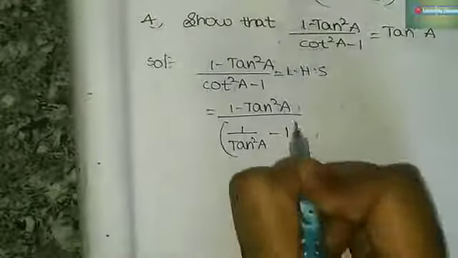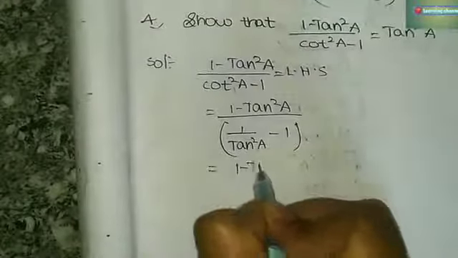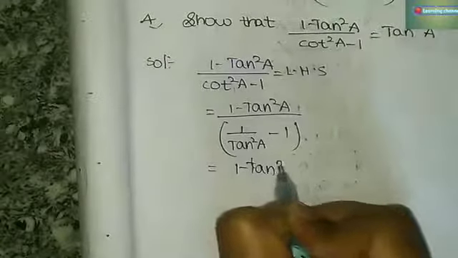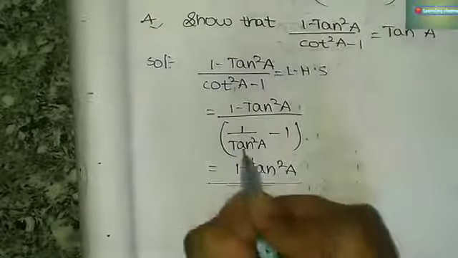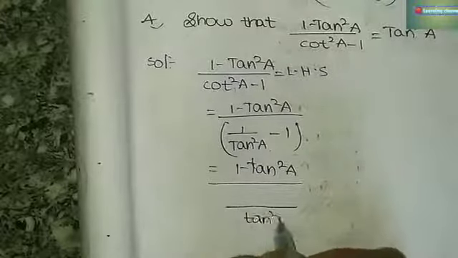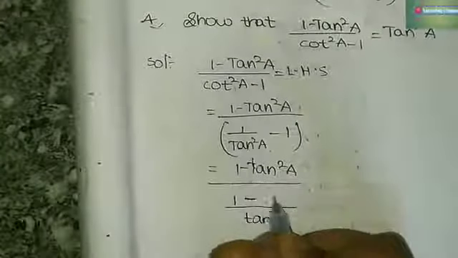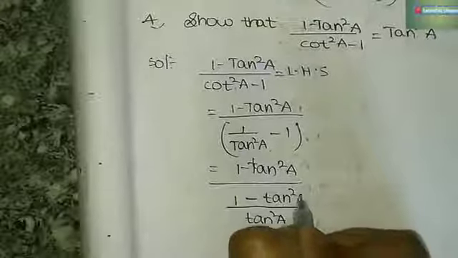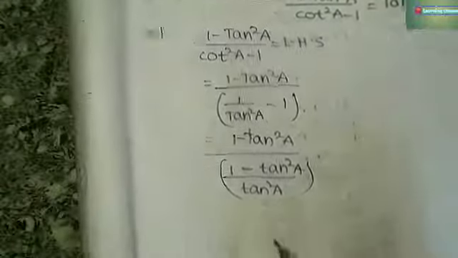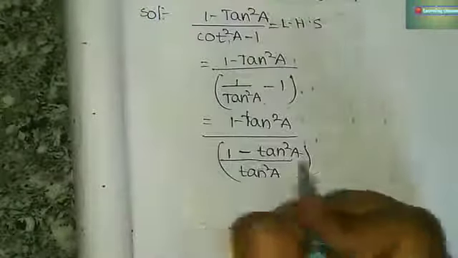The fourth one, show that 1 minus tan square A by cot square A minus 1 is equal to tan square A. The solution is 1 minus tan square A by cot square A minus 1, the LHS part.